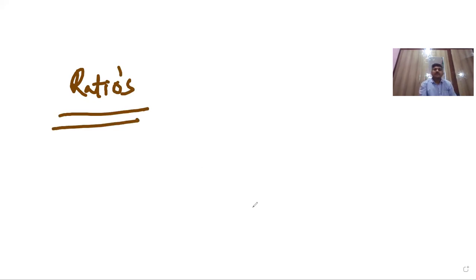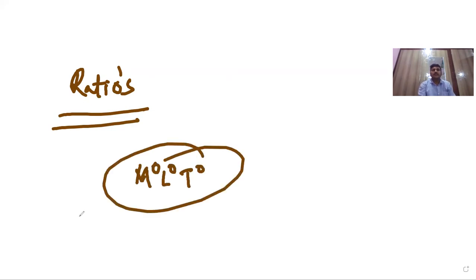Let me take up another point. Here we have taken the ratios, whatever the ratios may be. If numerator and denominator possess the same unit, then the dimension formula becomes M to the power of 0, L to the power of 0, T to the power of 0.